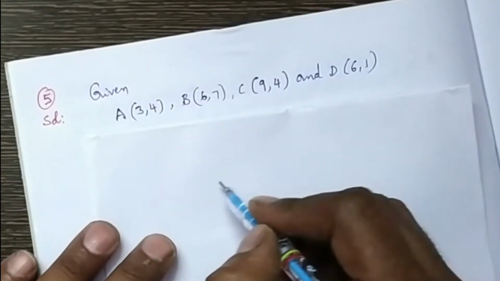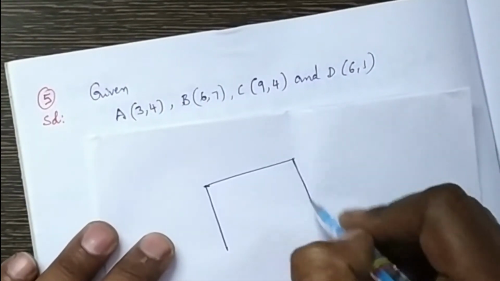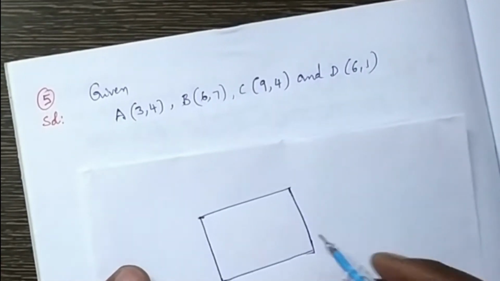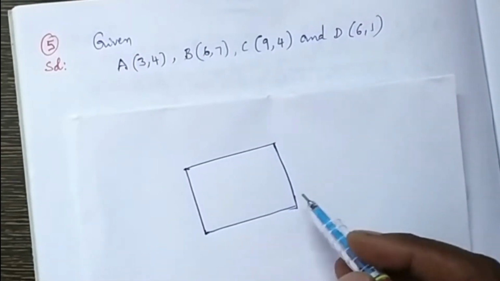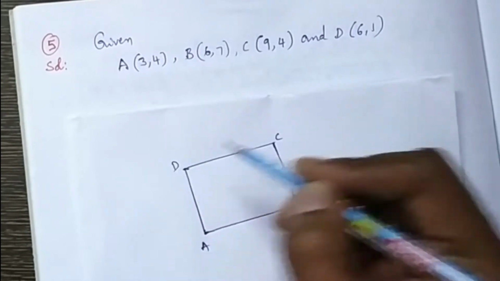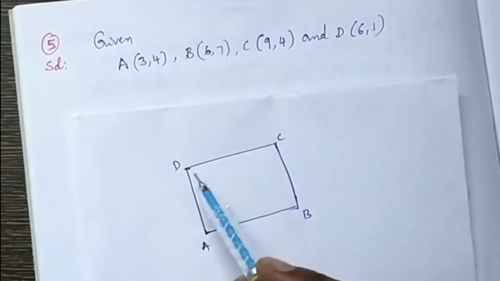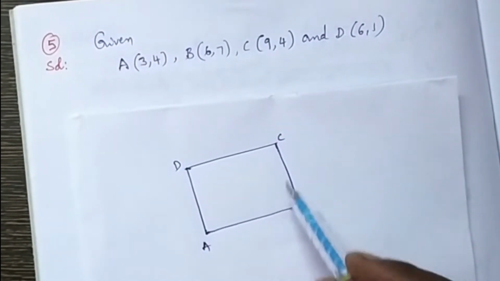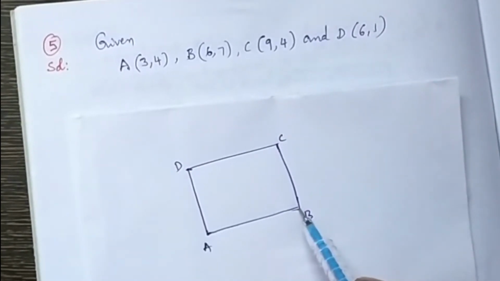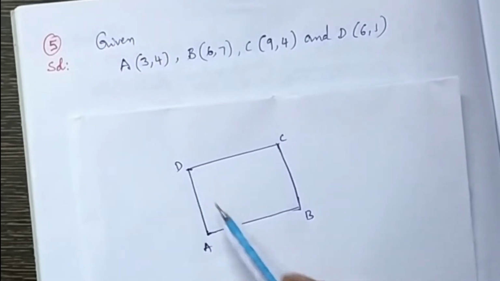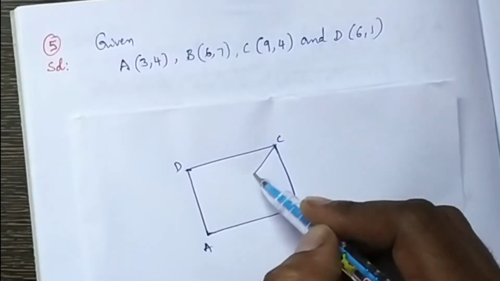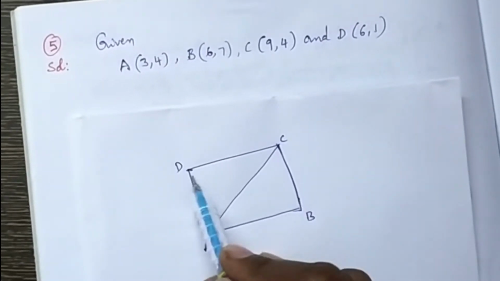These 4 points form a quadrilateral ABCD. To find whether it is a square or not, we have to find the 4 lengths AB, BC, CD, DA, and also the 2 diagonals of the quadrilateral.